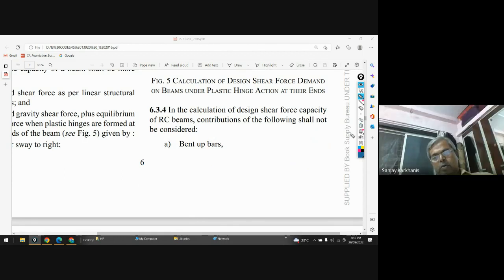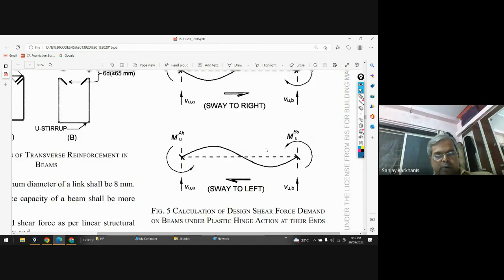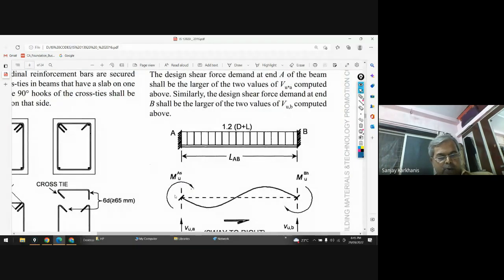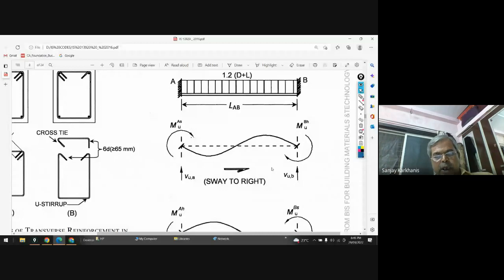Clear, sir. Okay. And that is exactly that calculation. So you can see that. If a sway is to the right, you will see a clockwise moment over here, a clockwise moment over here, and that is called MAS. So moment at A at support, and this is sagging.